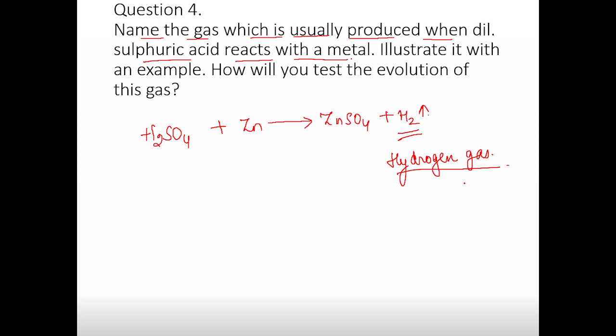Now if hydrogen gas is produced, the next question is, they have said illustrate with the help of an example. So you'll be giving this example, that is H2SO4 reacting with zinc. Then how will you test the evolution of this gas? Whenever there is evolution of hydrogen gas from the reacting vessel, say a test tube, just bring a burning matchstick near the mouth of this test tube.